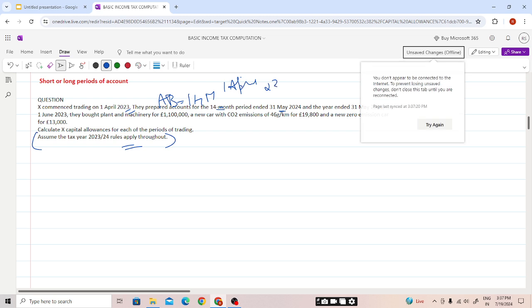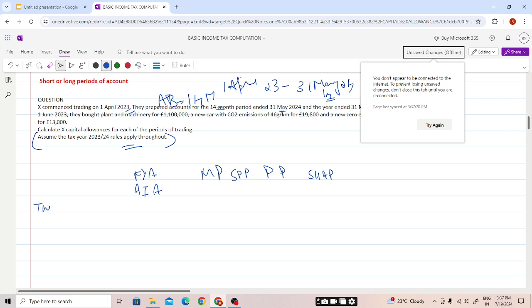So April 23 to 31st May 24, this is a 14 month period. Now FIA, AIA, main pool, private pool, short life asset pool, special rate pool. I hope this is clear.